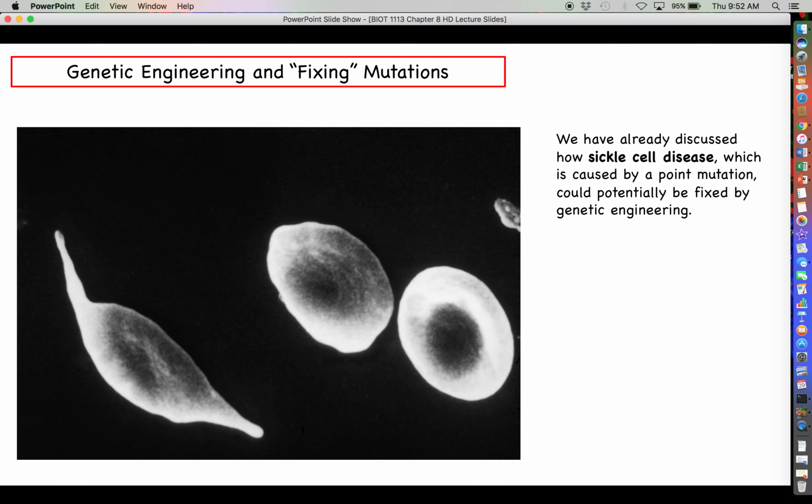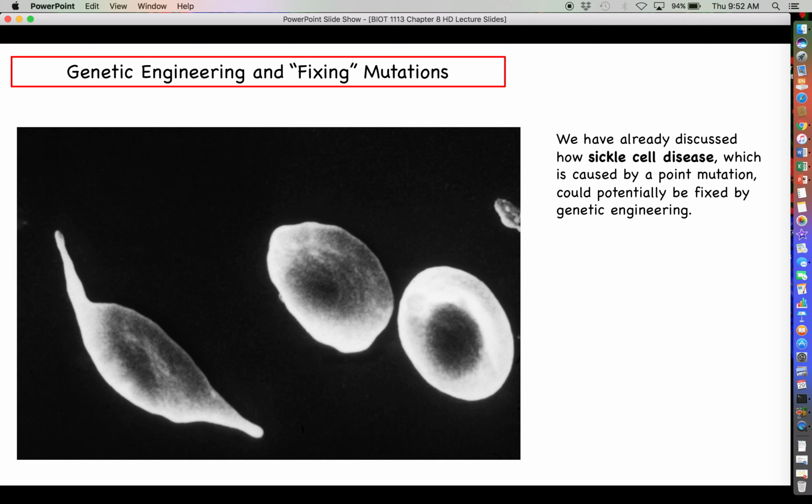So something that we had said in the past with genetic engineering is that really your peak idea of what you're trying to accomplish is you're trying to make people's lives better. So one example that we talked about is in the case of a disease like sickle cell disease, which we noted last time is caused by a single mutation in the DNA.